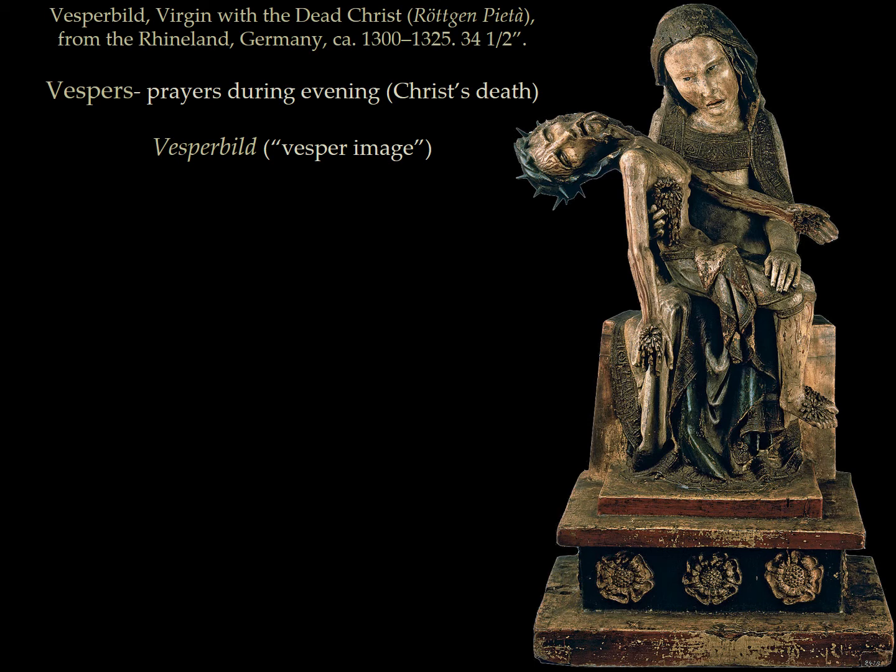So here we find with the Virgin and Dead Christ, the Röntgenpietà, a great example of this specific type of Andachtsbilder, the Vesperbild, whereby we have a lamentation type with the Virgin Mary seated on an altar with the dead Christ on her lap.